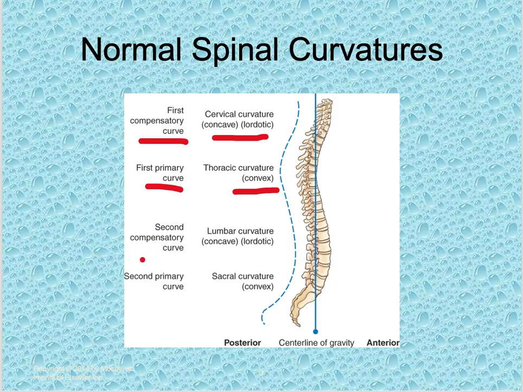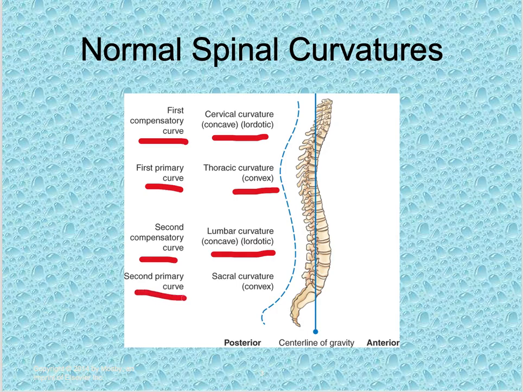The second compensatory curve is the lumbar curve. It's also concave. We can also talk about it being lordotic as well, just like the cervical. We don't, because once again, just like up here, it's only if it's an exaggerated curve do we really use lordotic, but it's not wrong to say that it's a lordotic curve, okay, and concave.